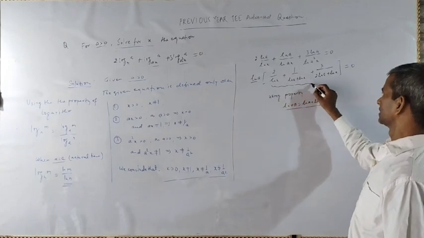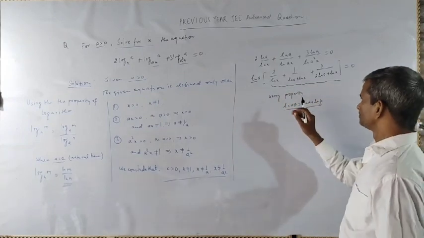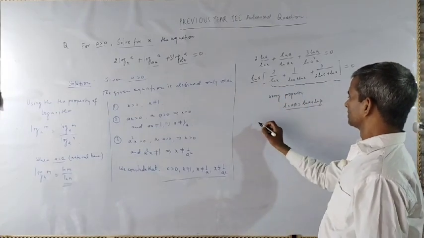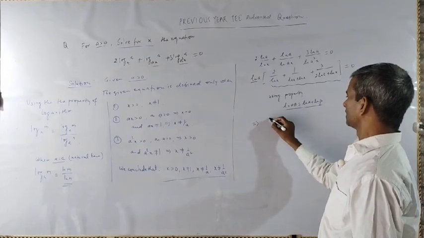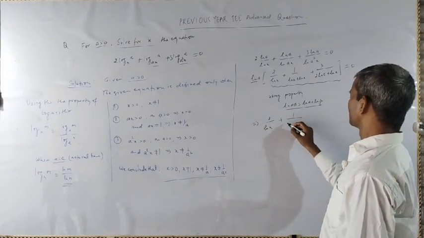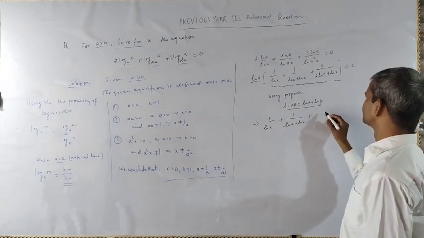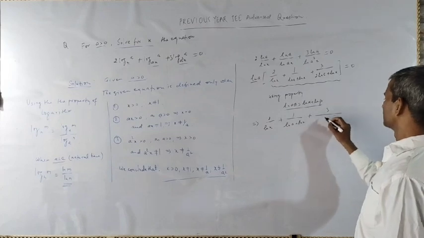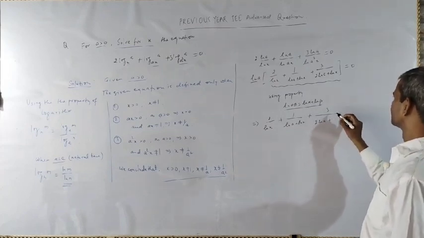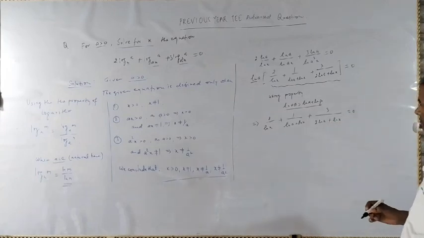It means that this factor is equal to 0. Now इसका LCM लेंगे, which implies 2 over ln x plus 1 over ln a plus ln x plus 3 over 2 times ln a plus ln x is equal to 0.